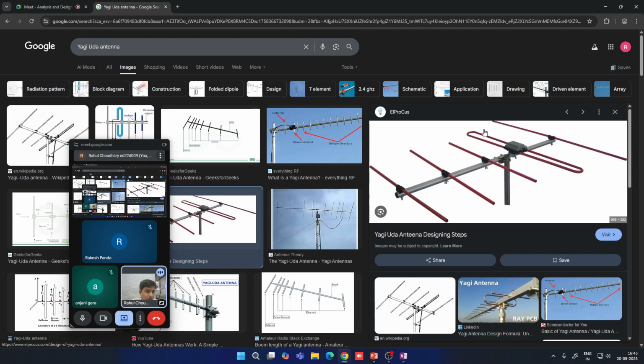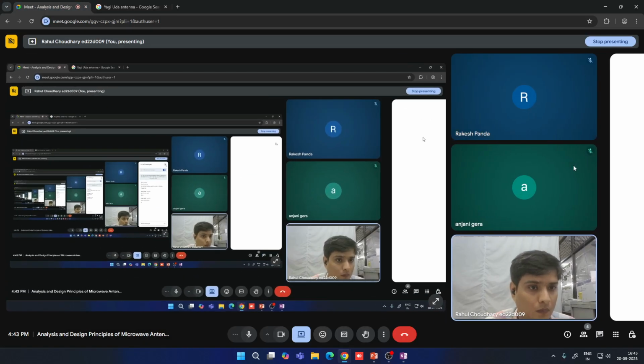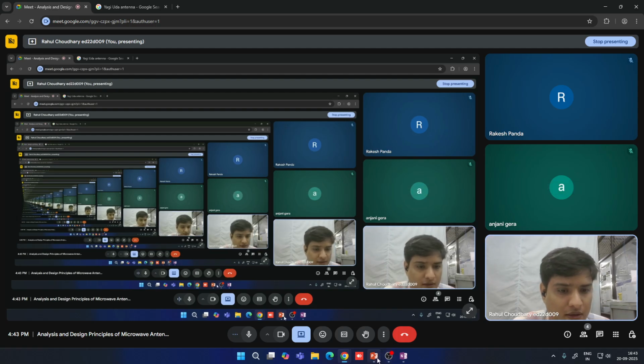So this is a folded dipole element. All are dipoles, but the feed is folded here, and there are two parallel lines. I hope question 3 is clear.